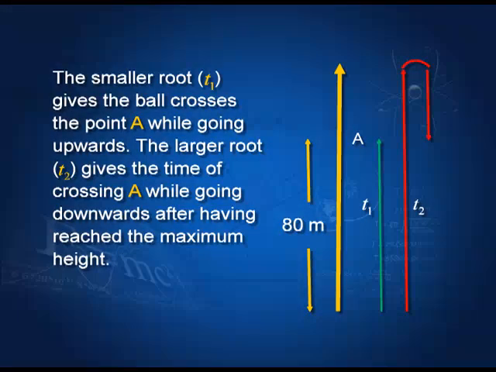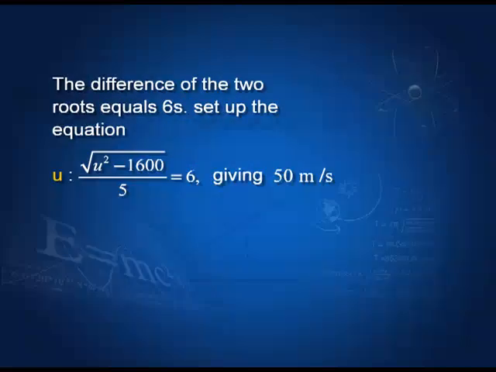You can get the two values of t. One is for the ball to go to height A, and the other is for the ball to go up, get 0 velocity, and then come down. So, the two values of t that you get, one is for this, another is for this.